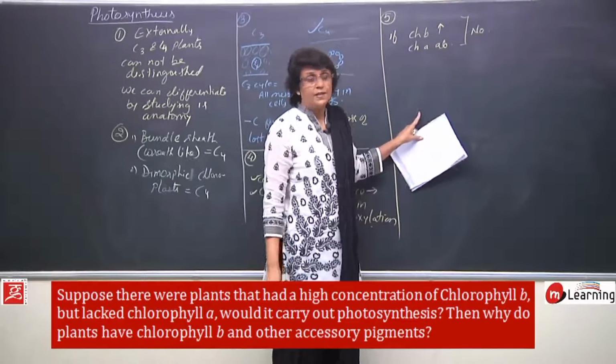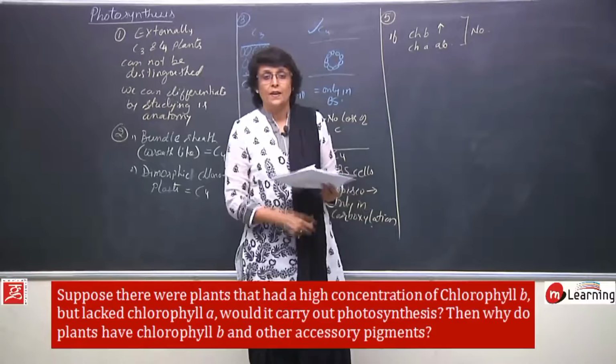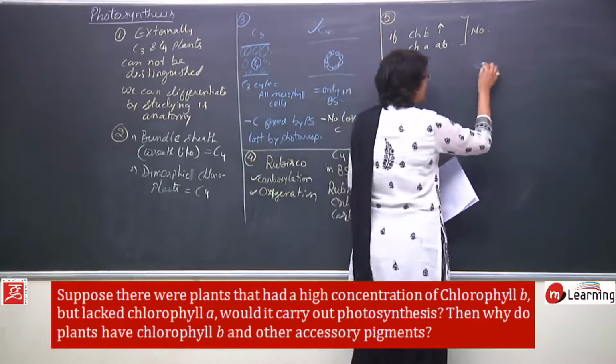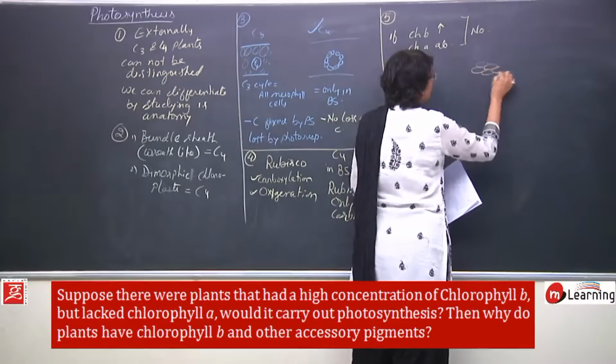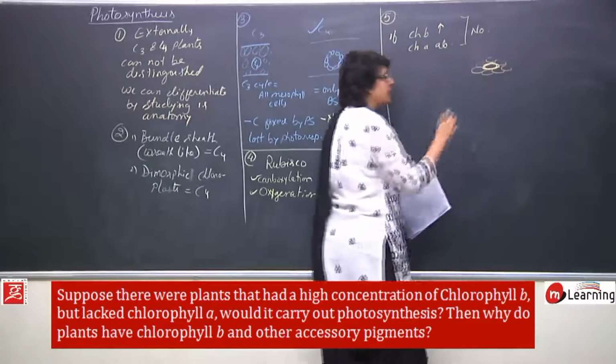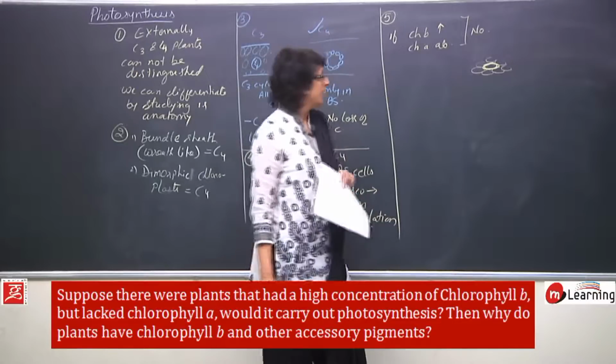Photosynthesis will not take place. Reason? If you remember the photosystem, what is a photosystem made up of? It has many chlorophyll and other accessory pigment molecules, and there is this main chlorophyll which is known as reaction center chlorophyll.